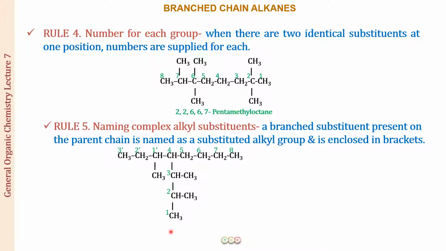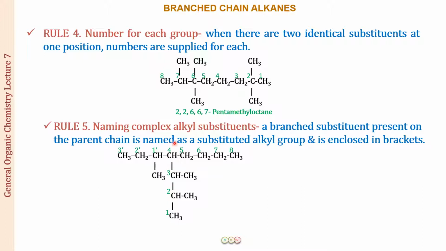But when you look at this chain from 1 to 8 in this way, you have a substituent at position 2, 3, and then at 4 as well. So we have 3 substituents here and 2 substituents there, right? So we will choose that chain where there are more substituents. Okay, this is clear.